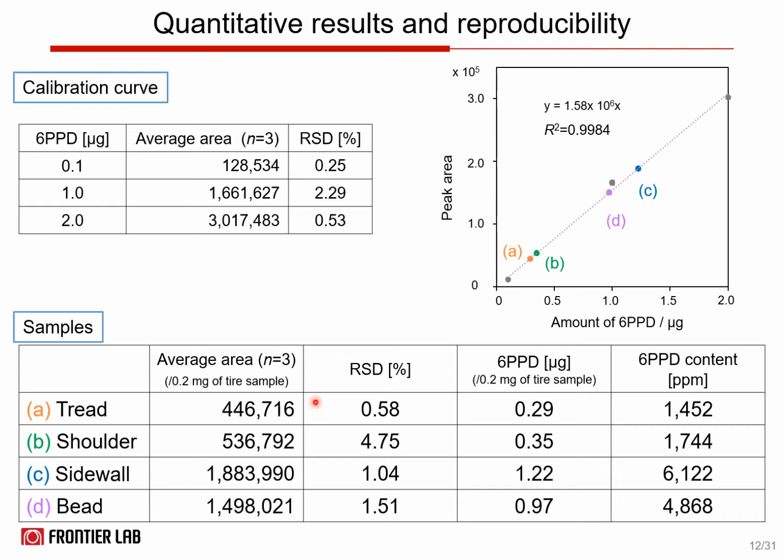The highest content was found in the sidewall at about 6,000 ppm. Next was the tread with about 4,800 ppm, while the turret and shoulder had less than 2,000 ppm.